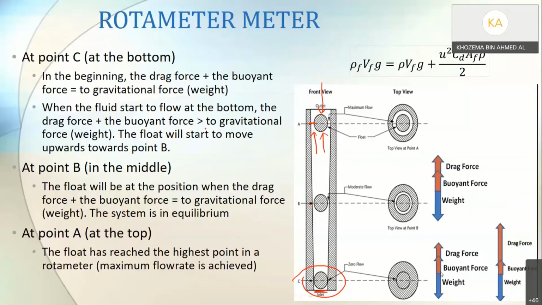So at point C here, nothing is happening, it is not moving, because all the forces cancel out each other. This is your gravitational force, this is your buoyancy force, and this is your drag force. If you see here, rho_f V_f times g. Rho_f here is the density of the fluid, V_f is the volume, and g is your gravitational acceleration.